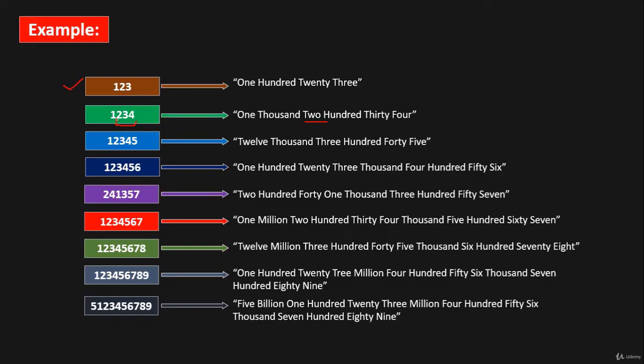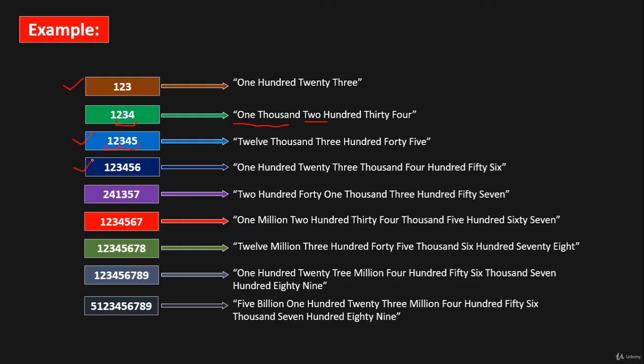Here first we have to find out 234. Then we have 1 for thousand, so we add thousand here. Then for this integer, first we take 345, then 12. Here we have 2 digits, 12 for 12,000. So 12,345.